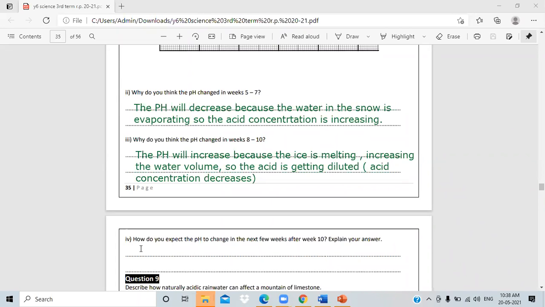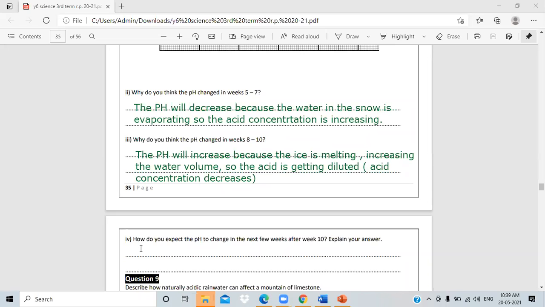It will melt. Think about it. By the end of the spring, all of the snow melts, right?